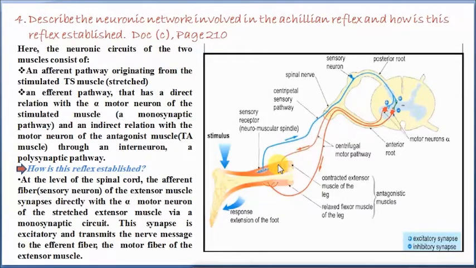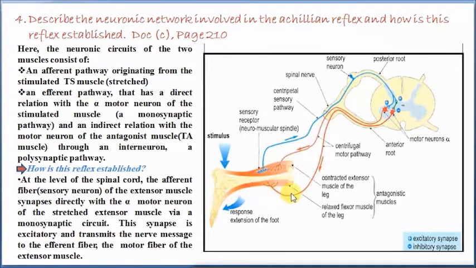Now let's look at the additional circuit. The additional one, the red one here. Being red in color, it signifies another alpha motor fiber or another alpha motor neuron. So this alpha motor neuron, this is the motor end plate, is attached to the muscle here, which is the flexor muscle, that is the TA, the tibialis anterior.